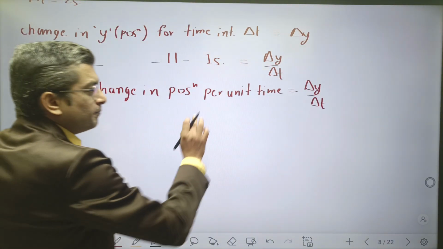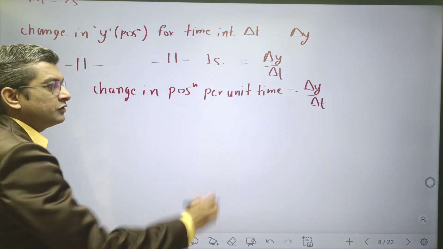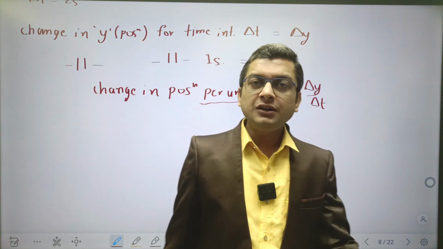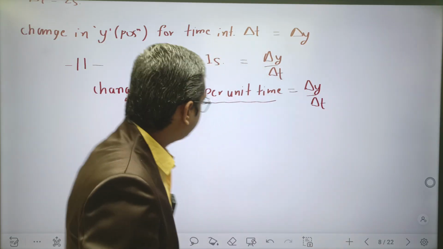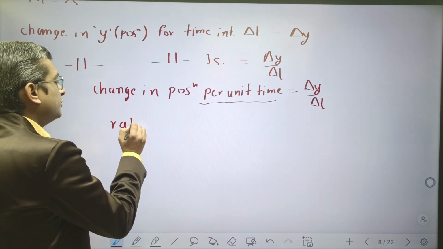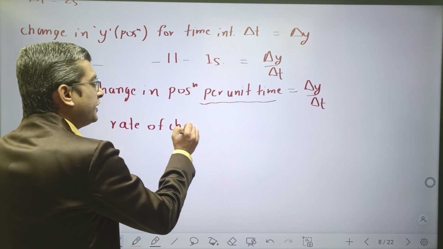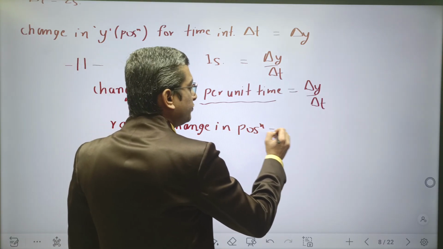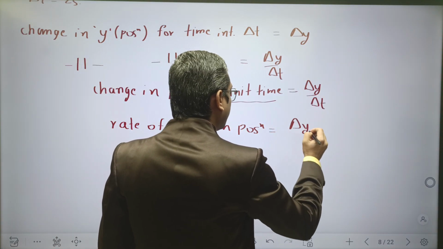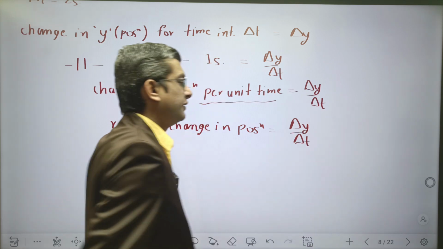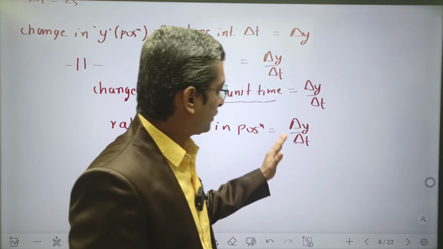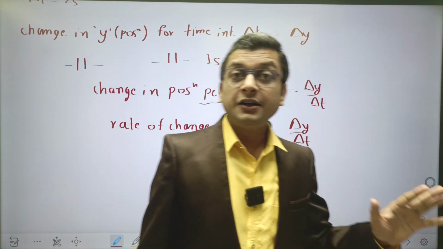Now this per unit time can be expressed by the use of a single word, that is rate. So the rate of change in position is delta y by delta t.